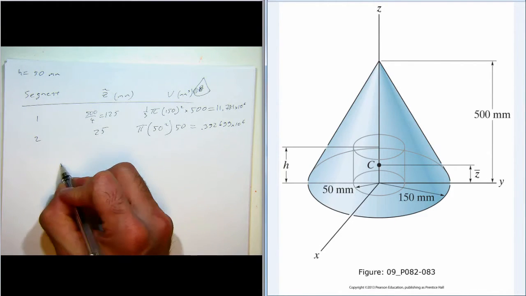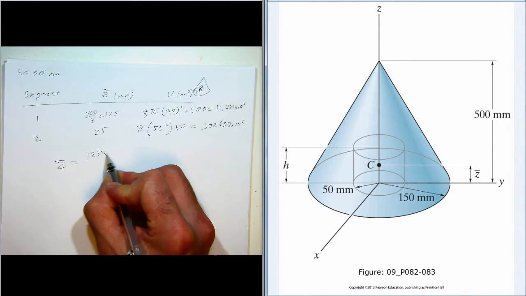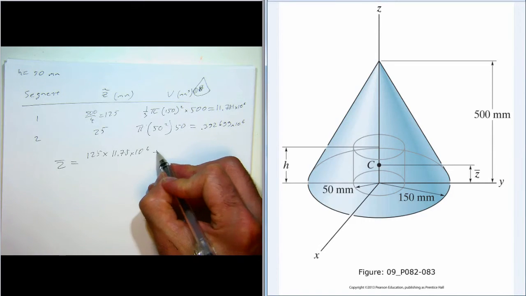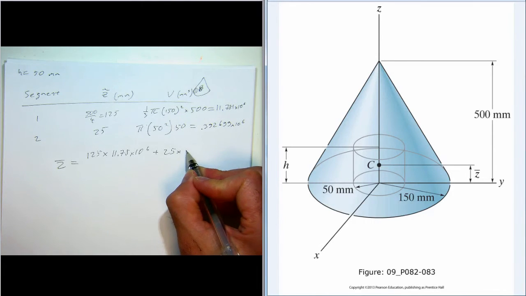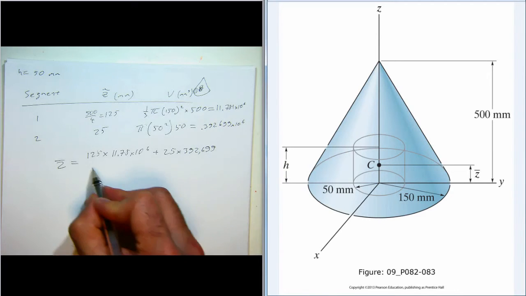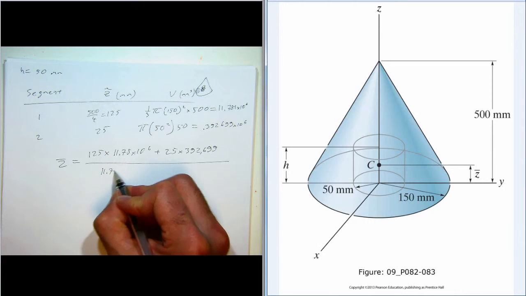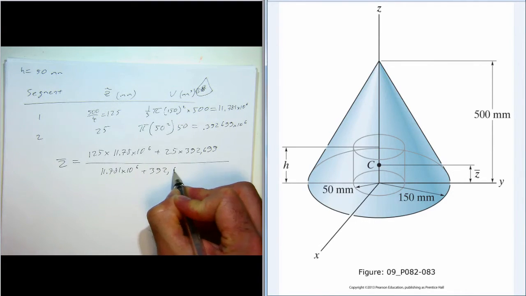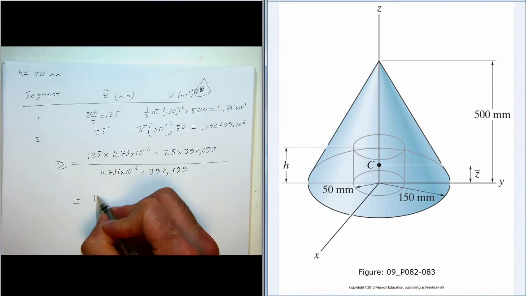So z bar is 125 times 11.781 times 10 to the 6th plus 25 times 392,699, divided by the sum of the volumes. Z bar is 122 millimeters.